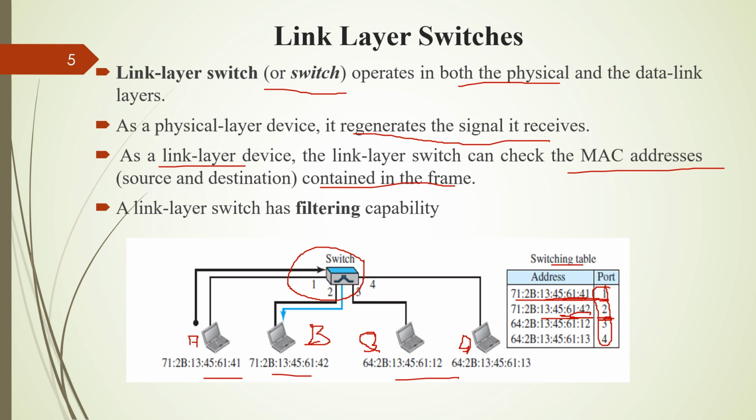So, it is received by port 1 and the data is transmitted via port 2. That is, data is sent directly to station B rather than being broadcast. So, we can say a link layer switch has filtering capability.